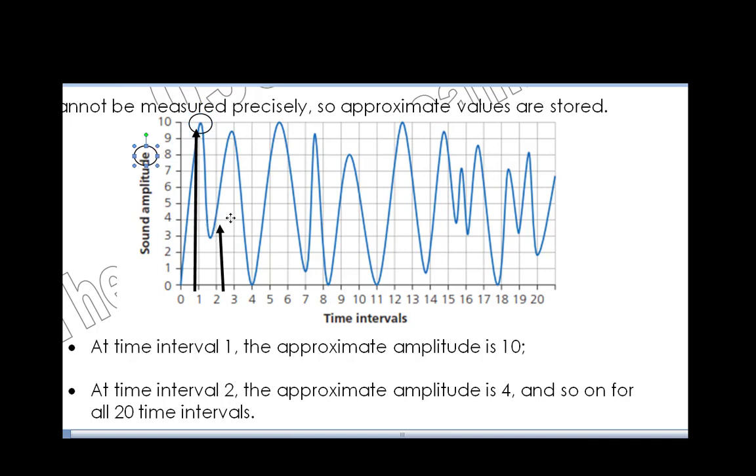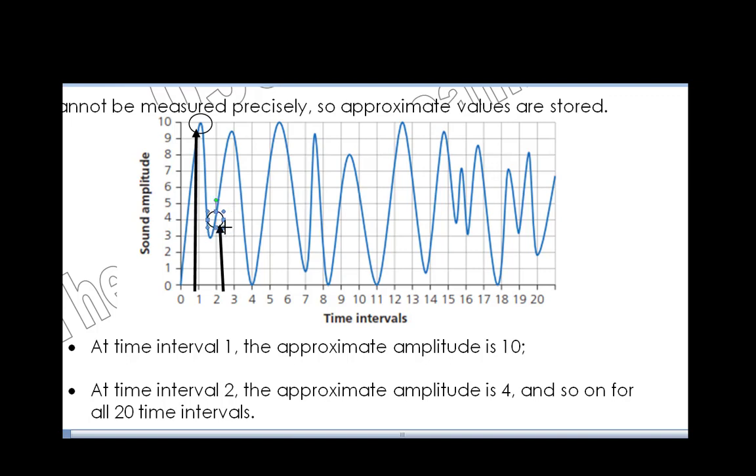You can see the line is touched at the approximate sound amplitude 4. So we can say that at time interval 2 the approximate amplitude is 4.